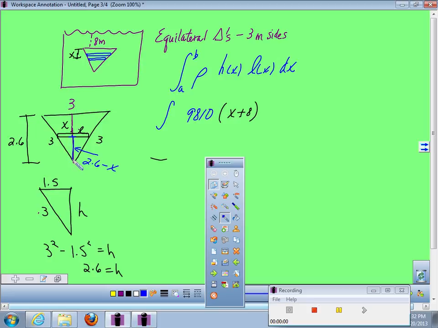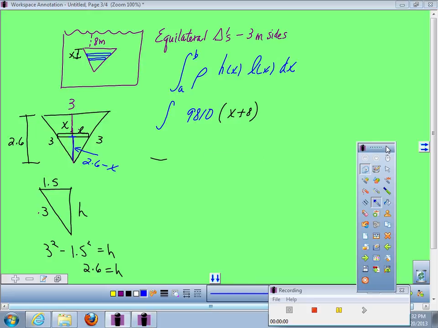So now how do I solve for L? She just said L over 3. So she did small triangle width to large triangle width. And so then we need small triangle height, which is 2.6 minus X, to what?